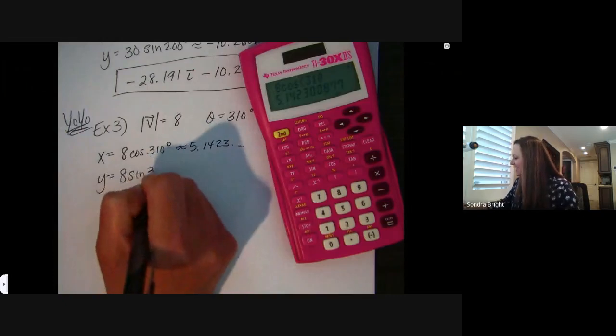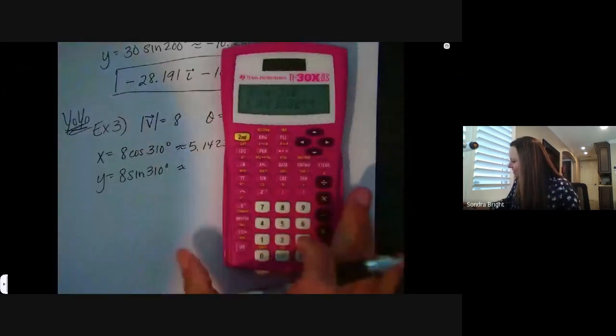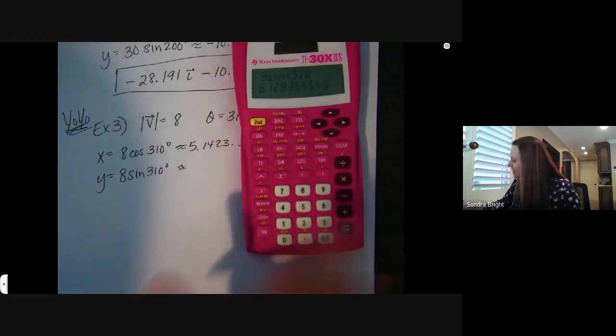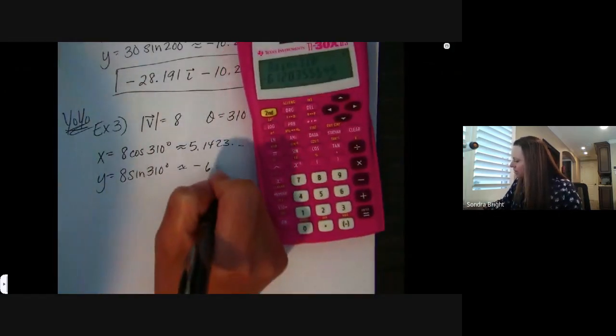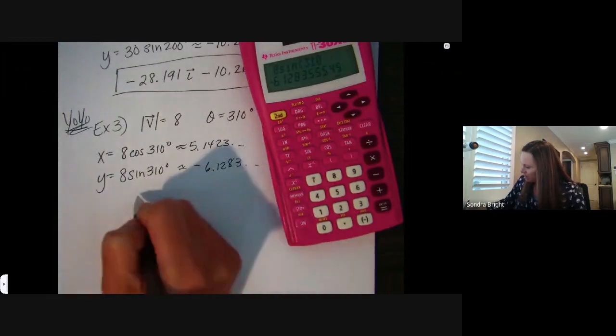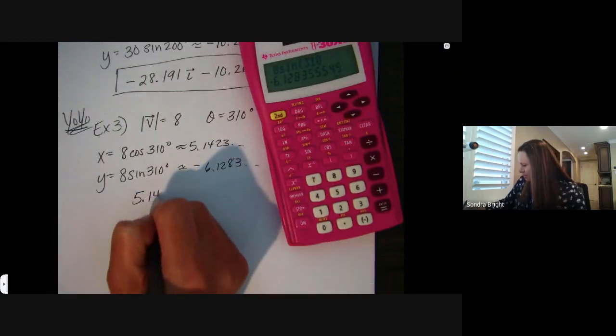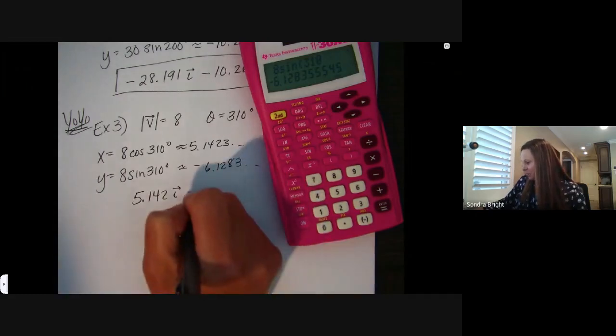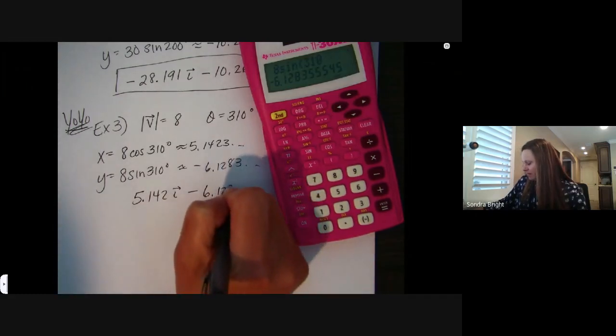Is today's lesson the easiest ever or what? I got a negative 6.1283. And so their horizontal component would be 5.142 times vector i, and then plus a negative, so I'll just write minus 6.128 times vector j.